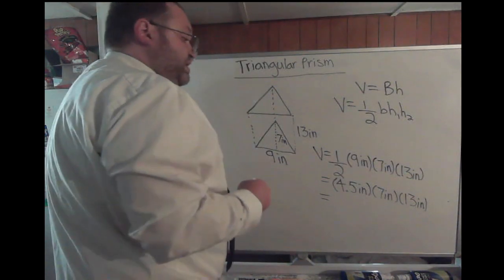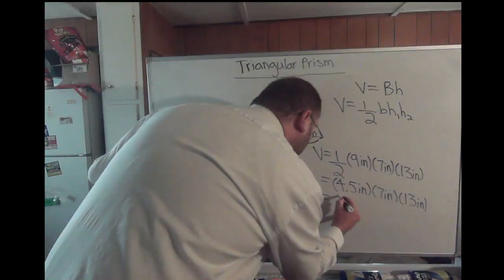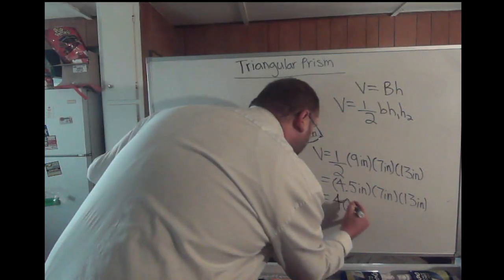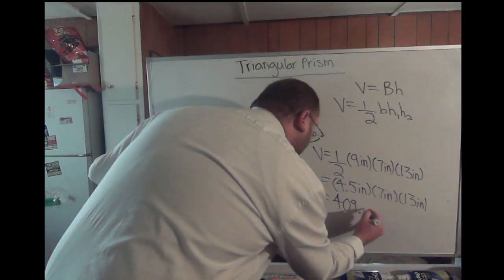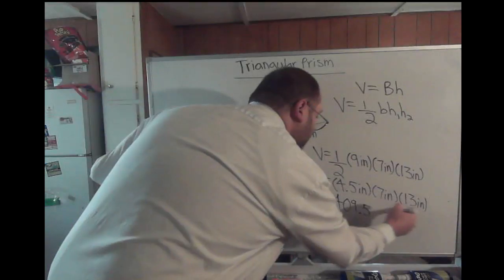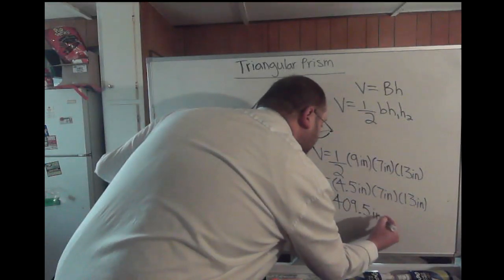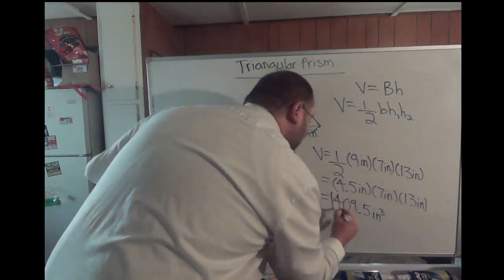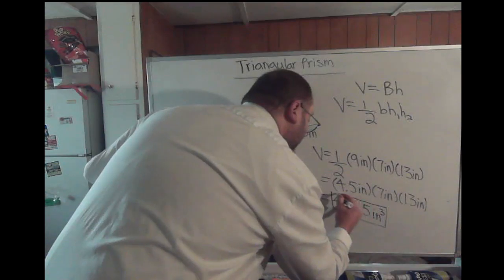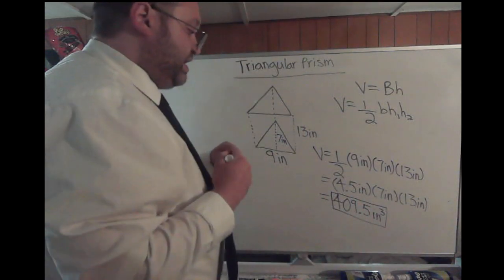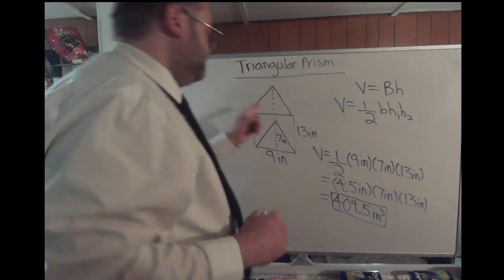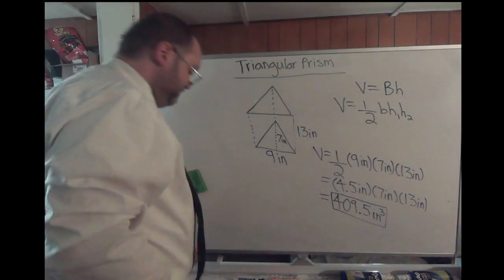Get 409.5. So that gives you 409.5 inches times inches times inches is cubic inches. So the volume of this triangular prism is going to be 409.5 cubic inches.